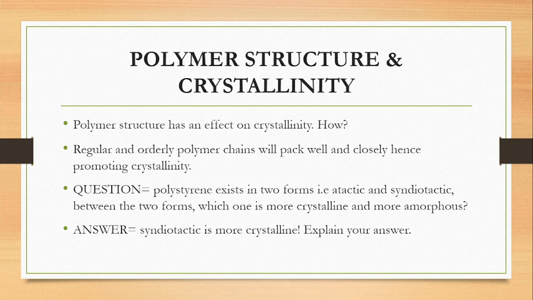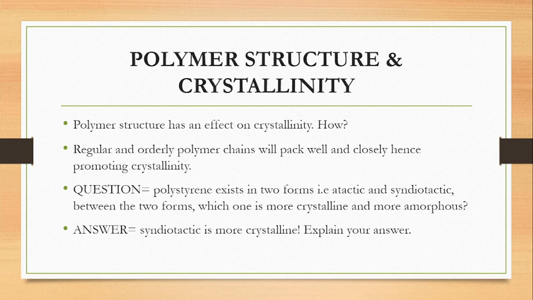Now, between the two forms, which one is more crystalline and which one is more amorphous? The answer is the syndiotactic is more crystalline. The syndiotactic form of polystyrene is more crystalline, while the other one, the atactic form, is less crystalline, meaning it is amorphous. So let us explain the answer.